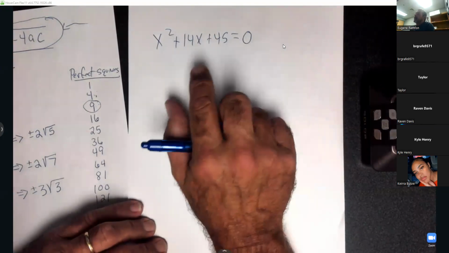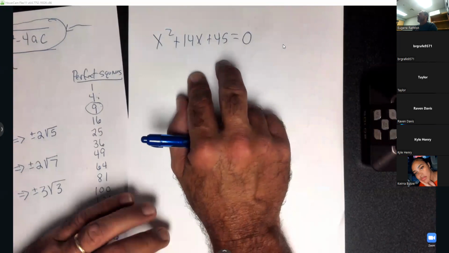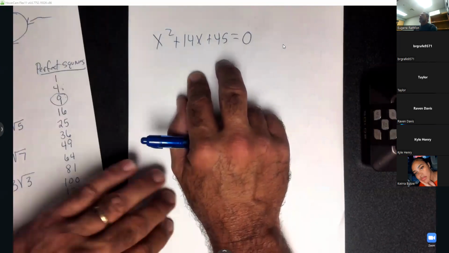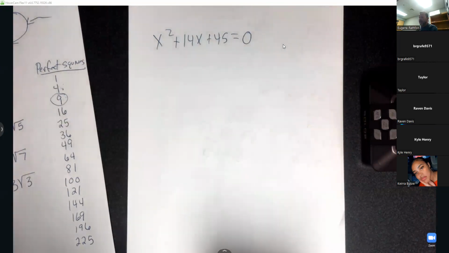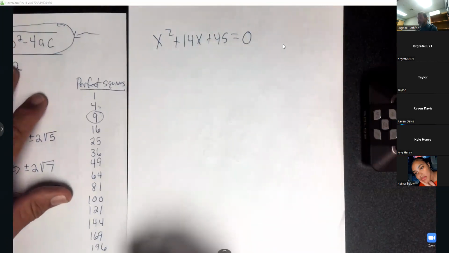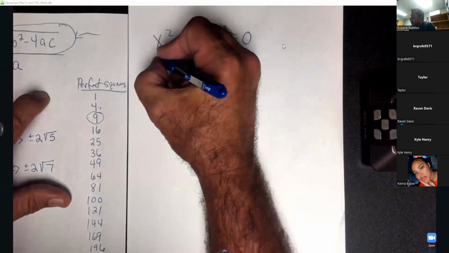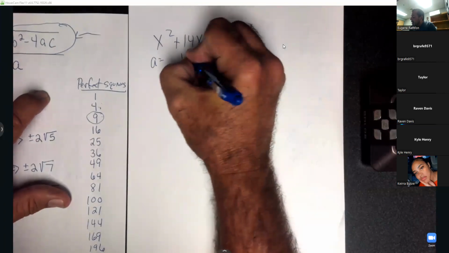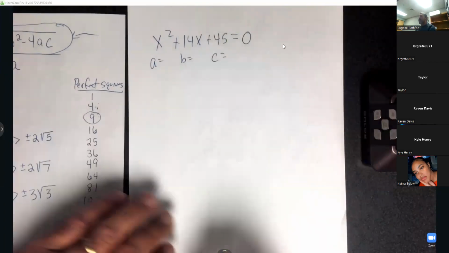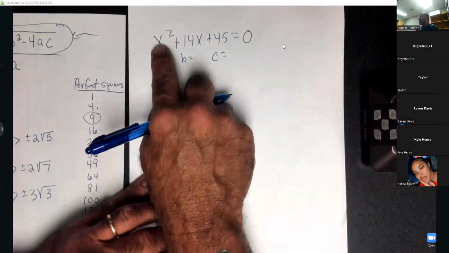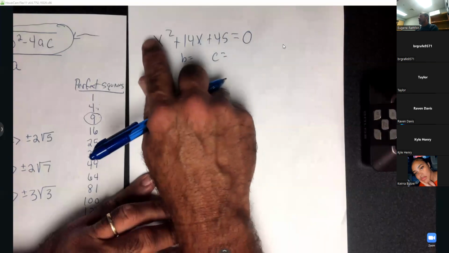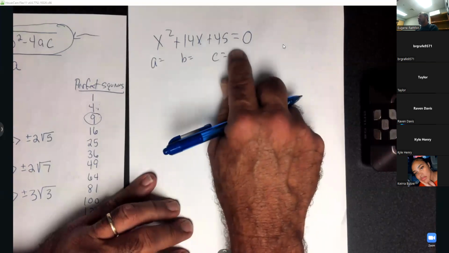Now we can factor these also. But sometimes when stuff don't factor, we gotta use that quadratic formula. Remember, we gotta figure out what A is, B is, and C. So A, B, and C are the numbers in front, and you gotta have it in descending order: x squared, the x, and then your number.